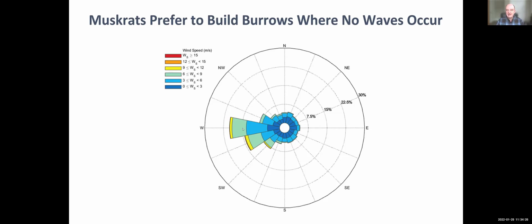So if you have, let's say, a dugout, that's the easiest analogy, a dugout where the embankment makes a complete ring. On the very west side of that dugout, you will not have very high waves. On the east side of the dugout, because the wind comes from the west and picks up waves as it goes across, the waves build, and you will have higher waves. So if you're looking for muskrats, you're going to find them on the west side, not on the east side, because muskrats prefer to build where the least wave height occurs.